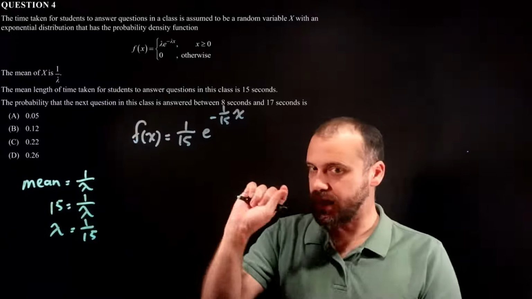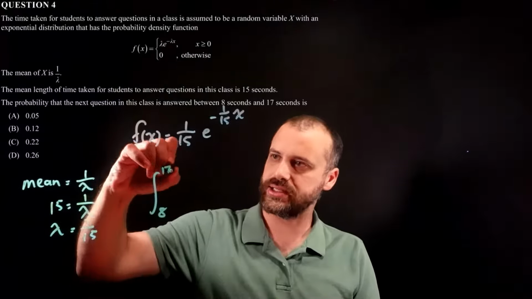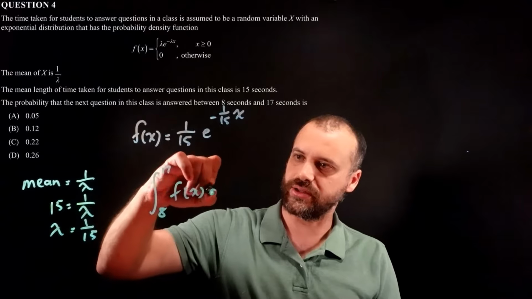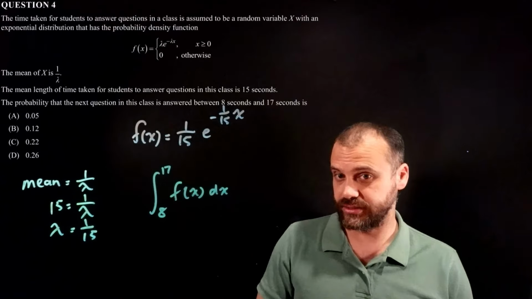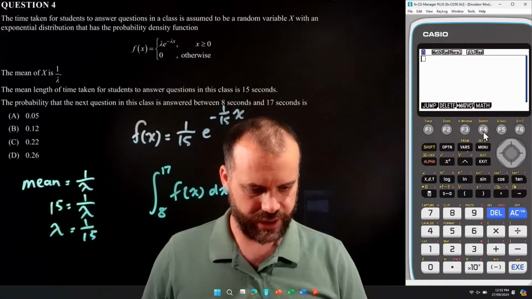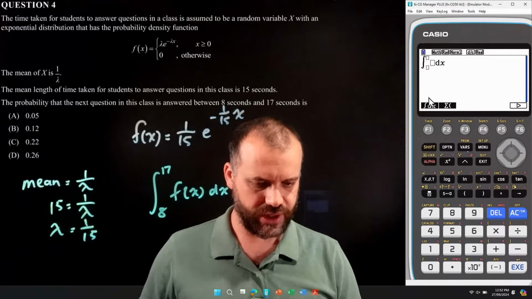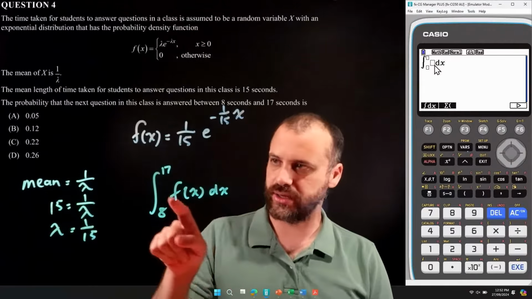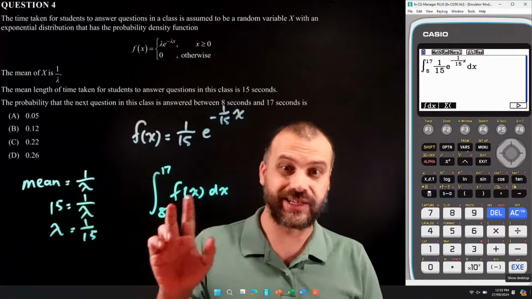We are going to find the area under the curve between 8 and 17 of that function right there. I won't rewrite it again because I'm going to write it in my calculator. So here's my calculator, and I'm going to go math, and I'm going to go more options, and I'm going to do the integral here, and I just type in this equation, and I'm going between 17 and 8, sorry.